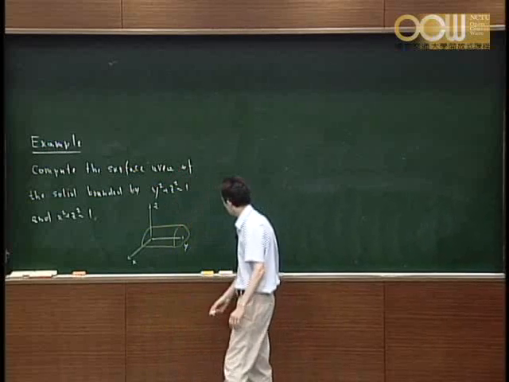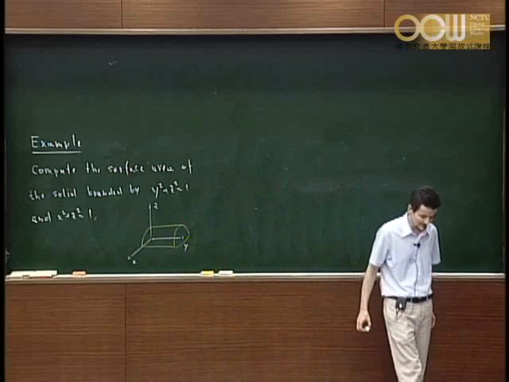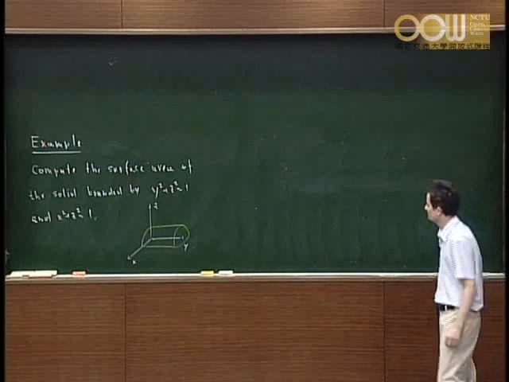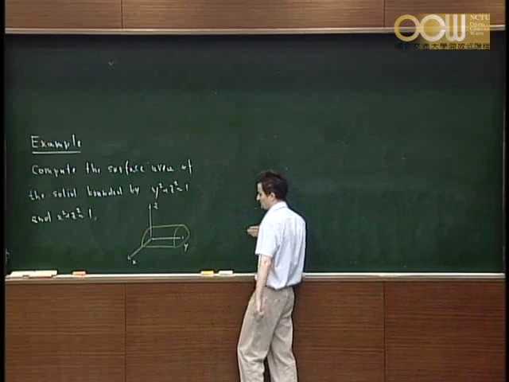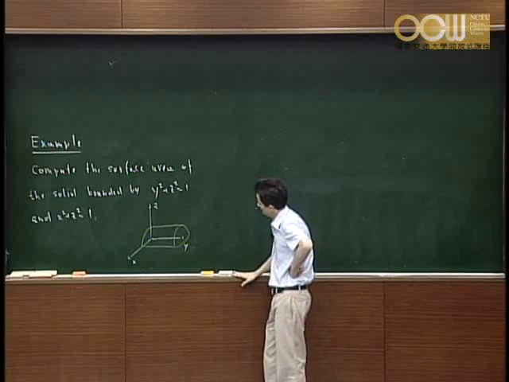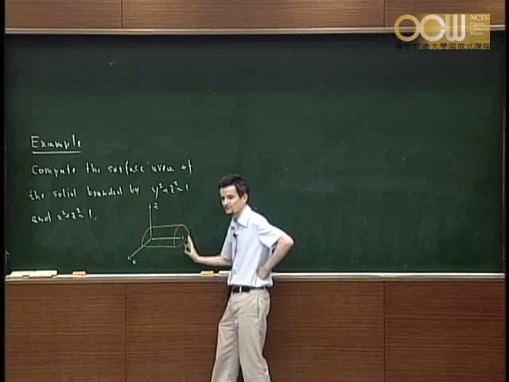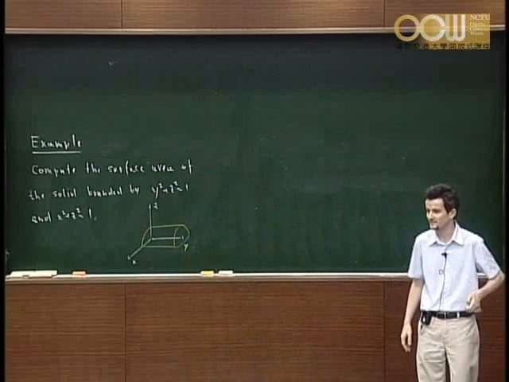But what we want to do is compute only one part of the surface area, namely the part which is, if I look at the solid like this here, above the xz plane in positive y direction. Then I have to multiply everything by 4 because I have 4 of such pieces.